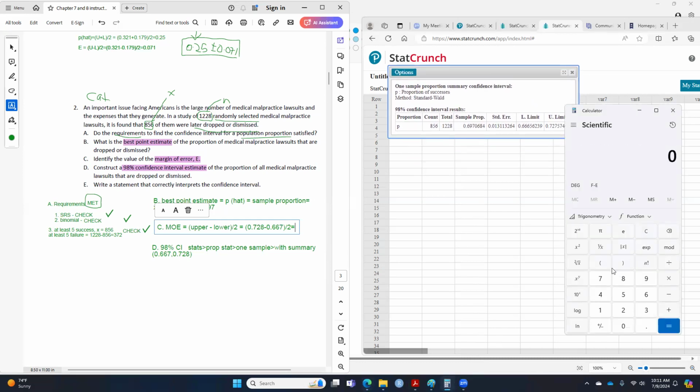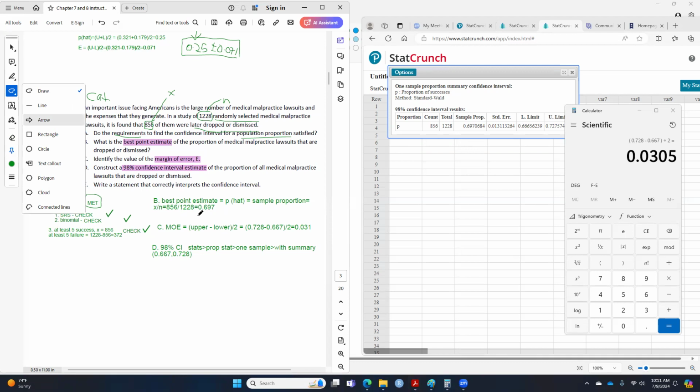Let's put it in parentheses: 0.728 minus 0.667, then divide by 2. This gives me 0.031 in 3 decimal places. So that is your margin of error.